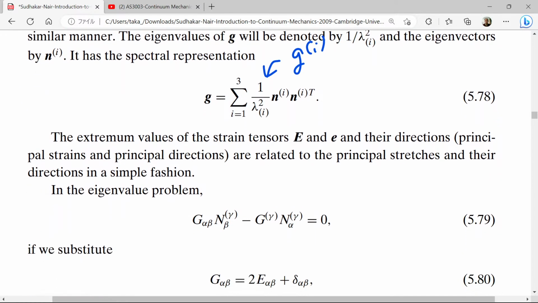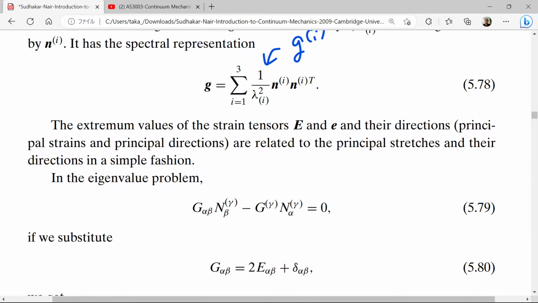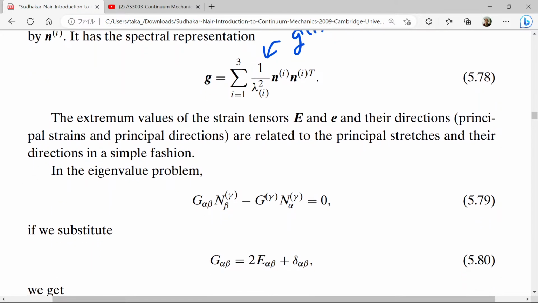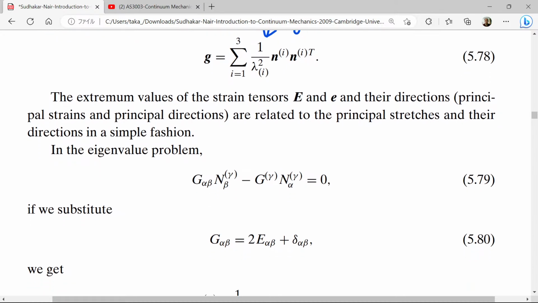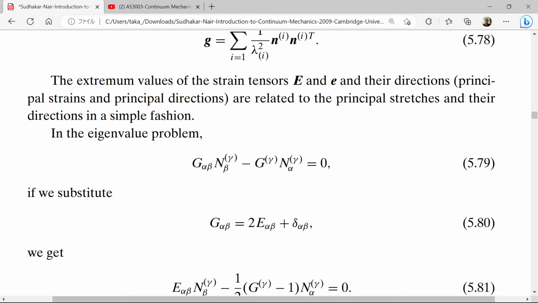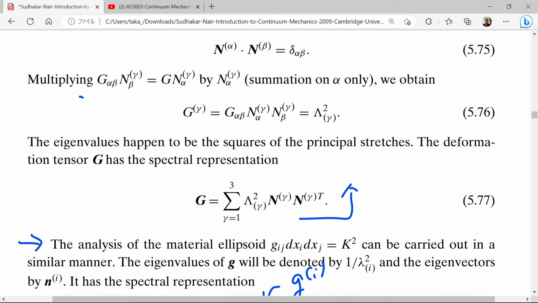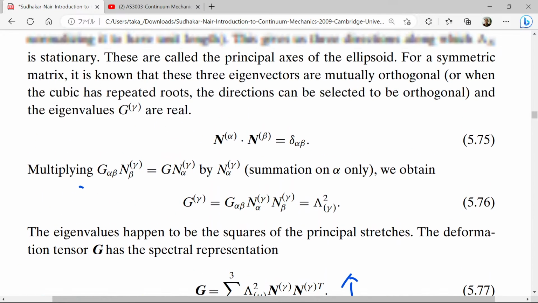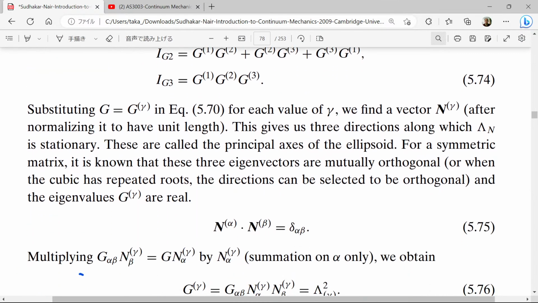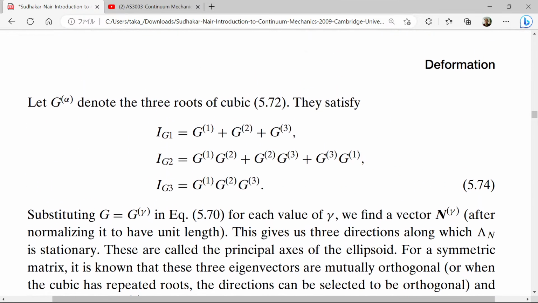The extreme value of the strain tensor E and small e and their directions, principal strains and principal directions, are related to principal stretches and their directions in a simple fashion. In the eigenvalue problem, this is exactly the eigenvalue problem we solved above. Actually, I don't know if we have solved it.